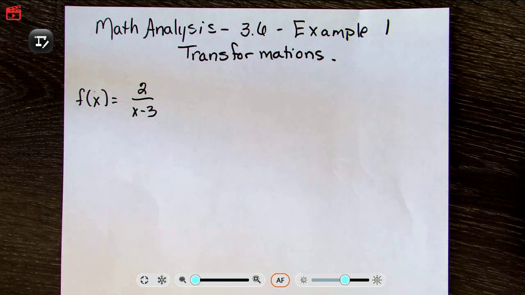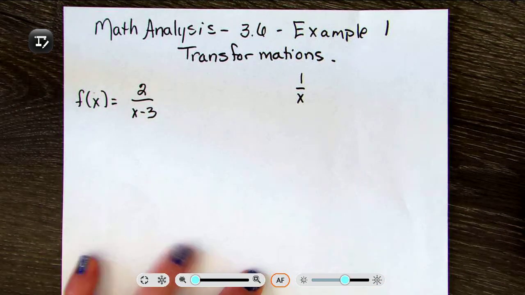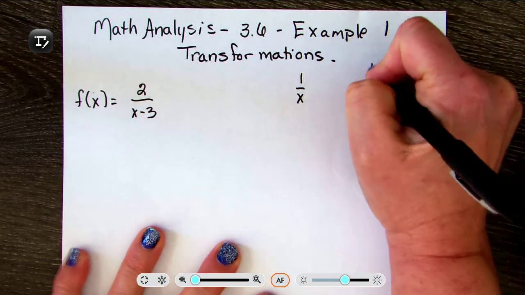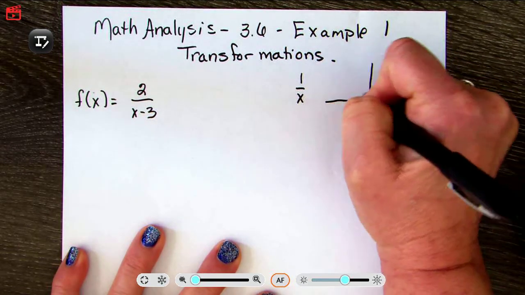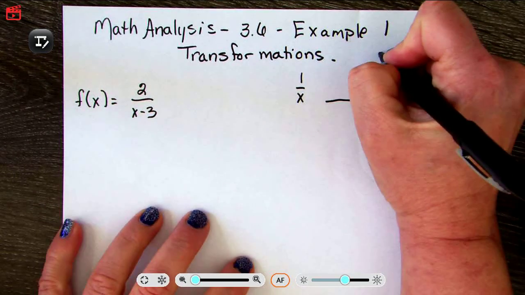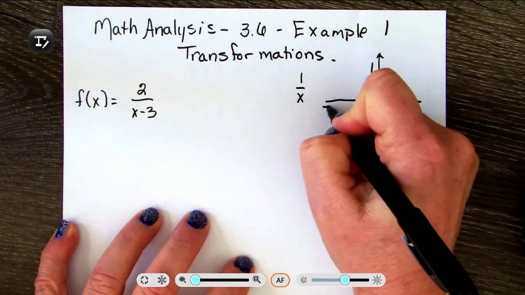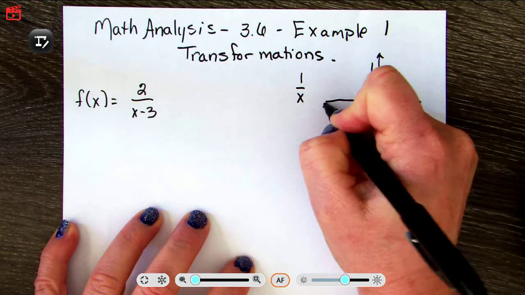So first of all, it doesn't look like this one might be a transformation of one that I know. It is actually a transformation of our 1 over x. I want to remind us what 1 over x looks like. We looked at it in the book when we did the skim through, and this is the function that has these wonderful curves.